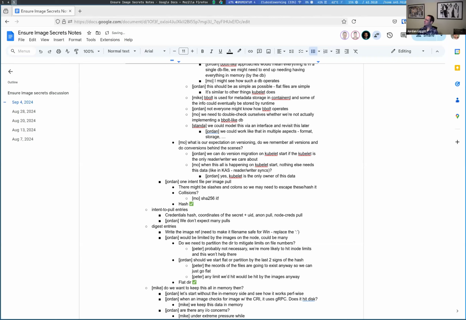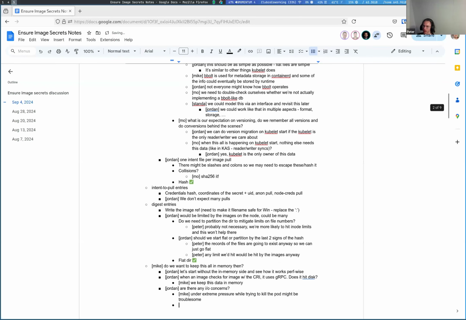Yeah. I think another risk is using up kubelet CPU time waiting for the disk. If the kernel is throttling IO generally and the kubelet's waiting on getting stuff from disk, then that could use up a bunch of CPU.